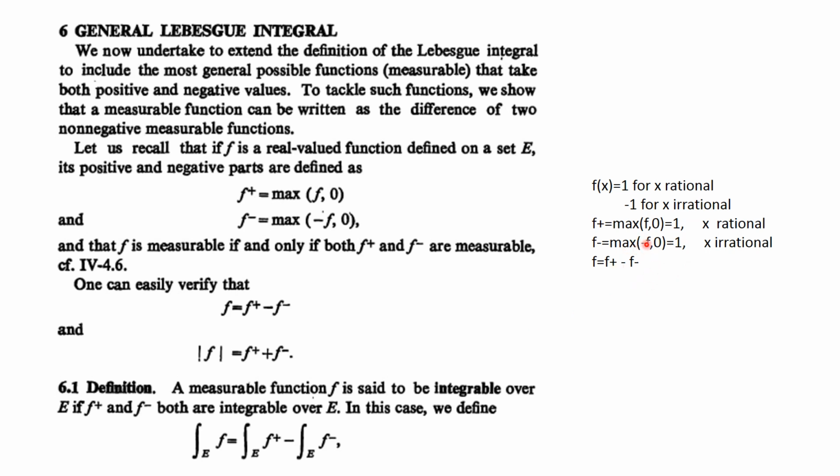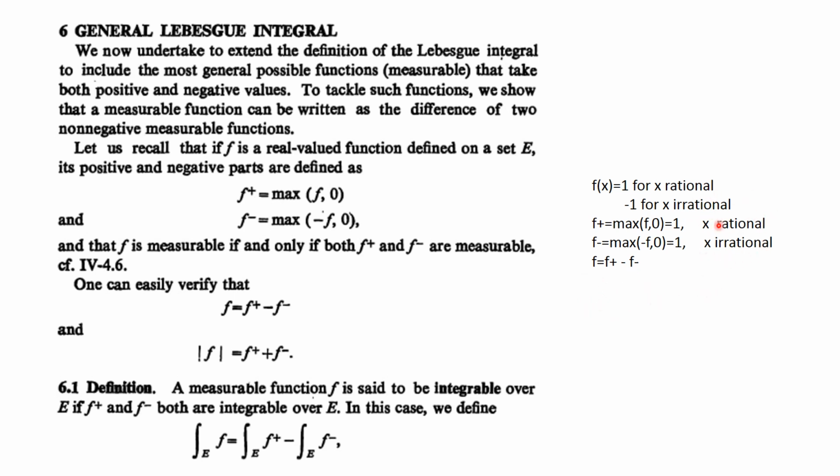In the same example, you can clearly see what will be the value of mod of f. It is 1 always for every real number. So when you add them, you will get nothing but 1. Whenever your x is rational, the value of f positive is 1 and f negative is 0, so 1 plus 0 gives you 1. So the mod of f will be 1 for x rational.